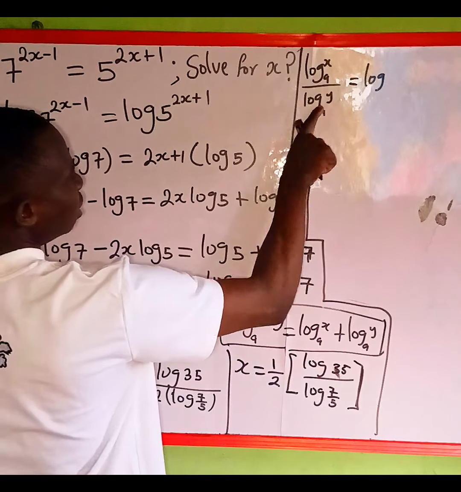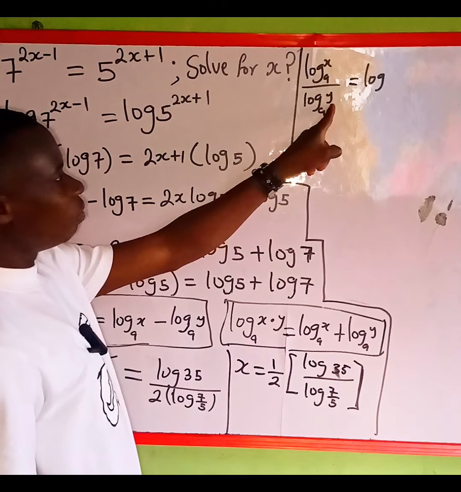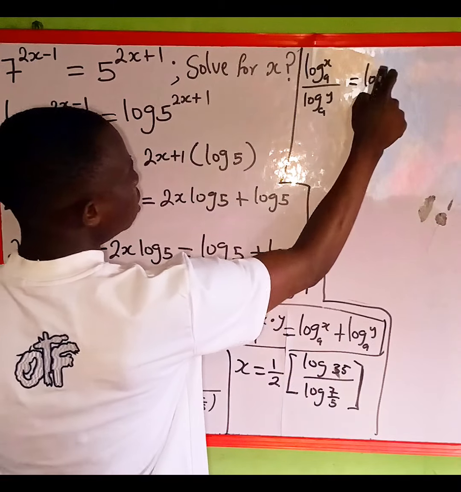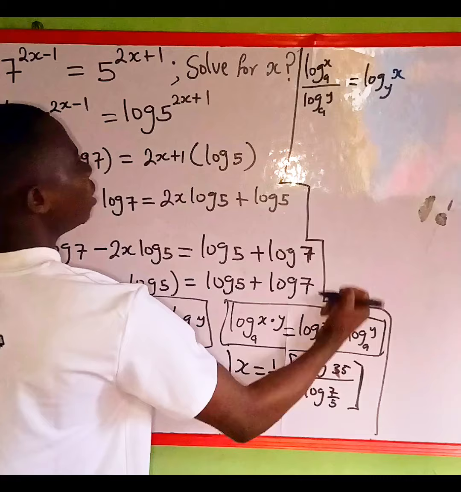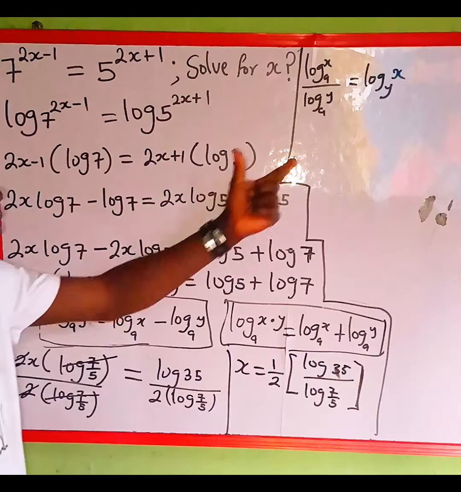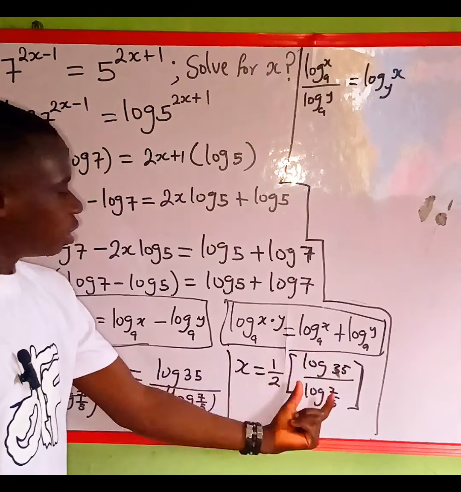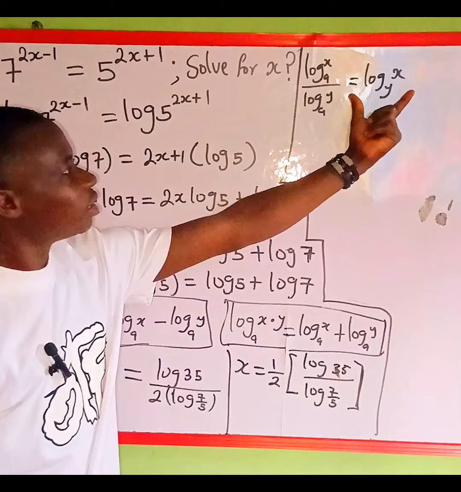To change the base, we are going to use the term in the denominator as our new base. Then the new term is going to be what? The term in the numerator, which is this x. So this is equivalent to this. So we just change the base. This is one of the properties of logarithm. So we're going to apply this property. As you can see, this is in the form of this bracket. So we're going to rewrite it in this form.